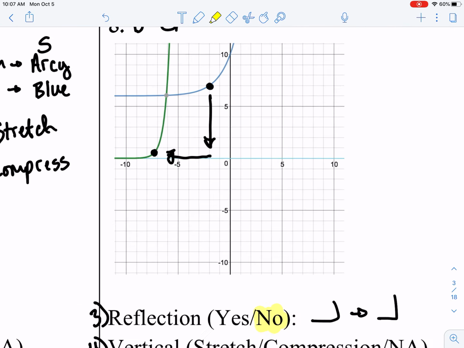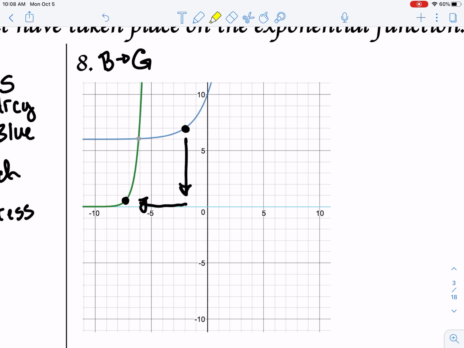So now I want to think about it in terms of increasing or decreasing, fast or slow, over a given interval. If I pick out, from where I put this mark, I'm going to go over the same amount for both of them.